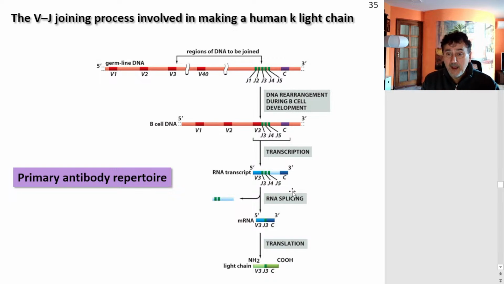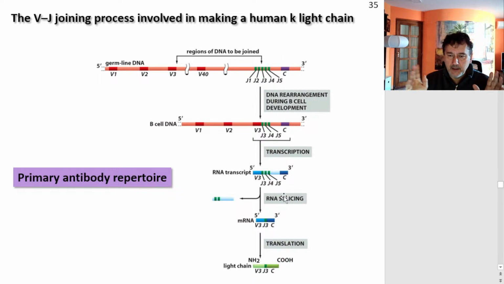But a problem remains: there are some J regions and also some V regions which are unneeded. Once again, there are some J regions which are unneeded, and they are removed by splicing.